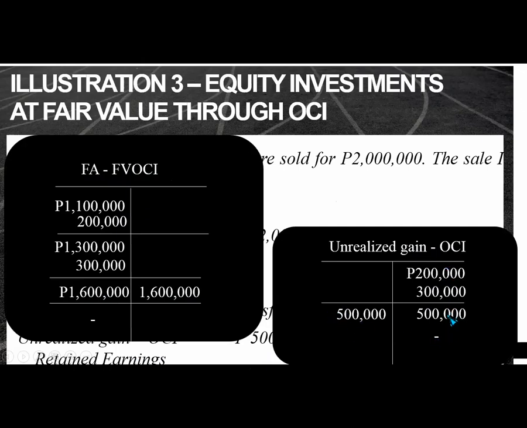No, kasi yung balance mo initially 500,000, tapos nag-debit tayo ng unrealized gain kasi transfer natin to retained earnings. So, mazi-zero out na rin yung unrealized gain natin. So, tama lang because sold naman yung ating financial asset, no? Classified as FVOCI. So, lahat ng mga accounts na related sa kanya, dapat tanggalin na rin.